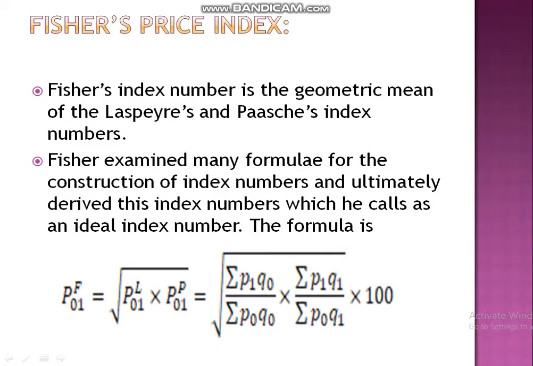You can compare: the first part of this formula is actually Laspeyres' index number and the second part is actually Paasche's index number, and that is multiplied by 100. So this is Fisher's price index.